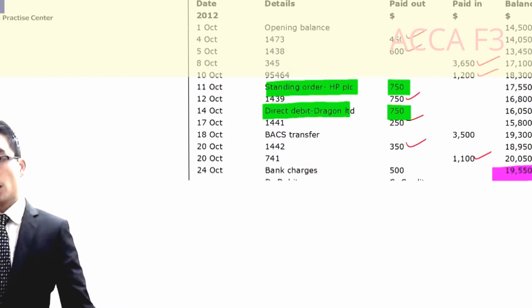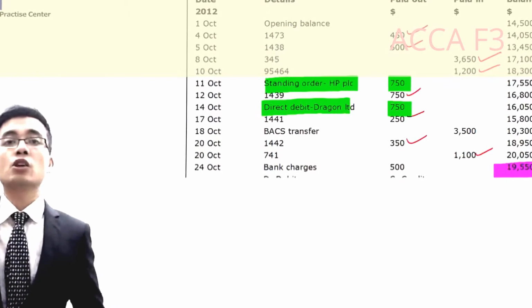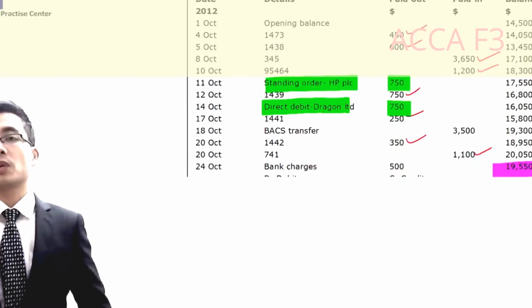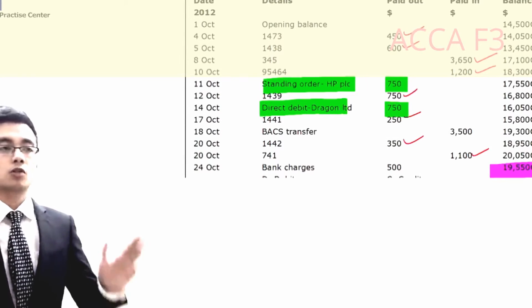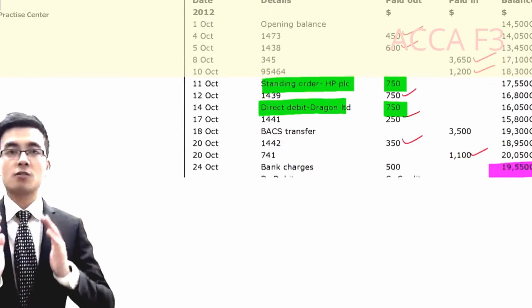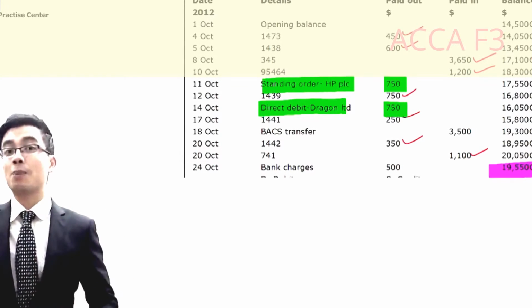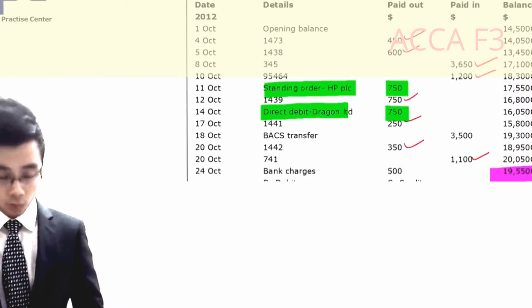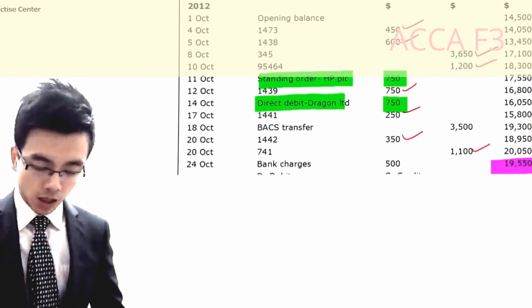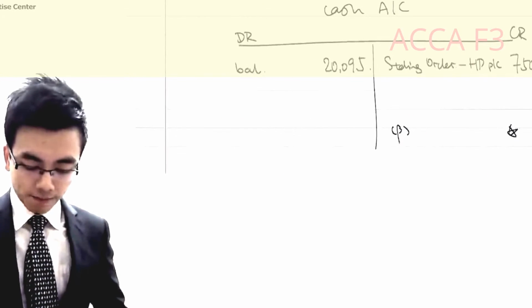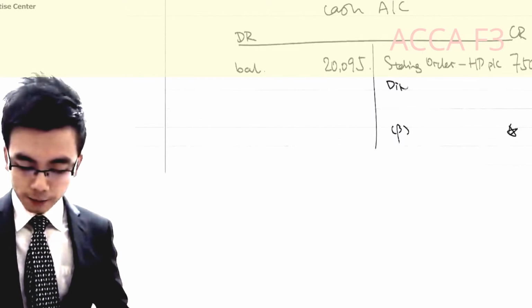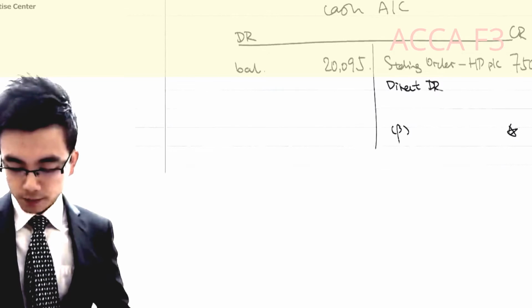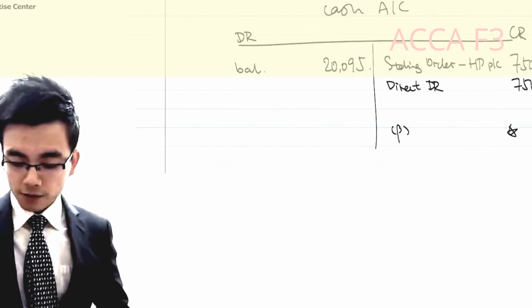An example here at APC is that we use WorldPay to process the money, and of course WorldPay would deduct the fixed amount of money from our bank account in each and every year. So that's what I mean by direct debit. So we should credit that 750 again. So direct debit 750.